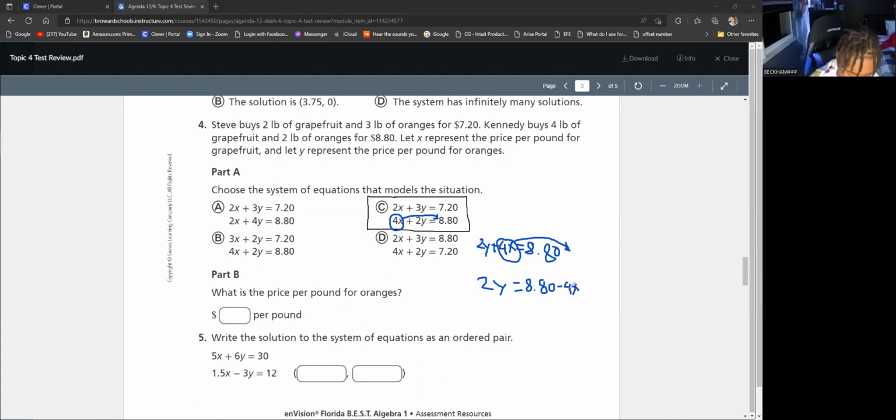4x. Okay, so now what? One more step. Solve for y. Okay, what are you going to do to both sides? Divide. By what? 2. Divide everything by 2.